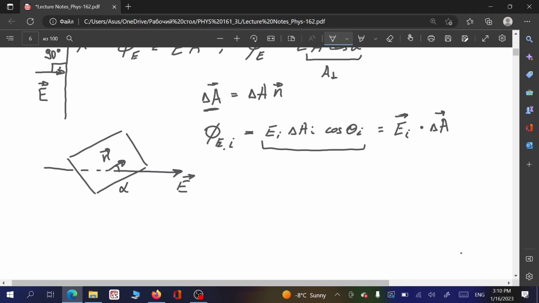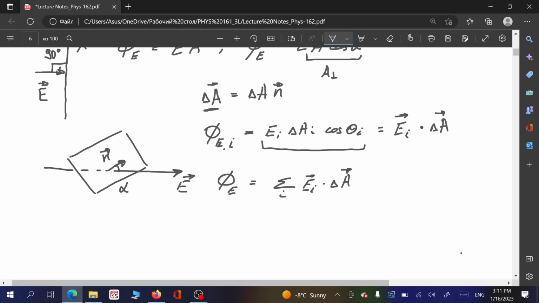So total flux of electric field will be equal to sum over all elements i, and here will be scalar product E_i vector times delta A vector. So that is the general representation.